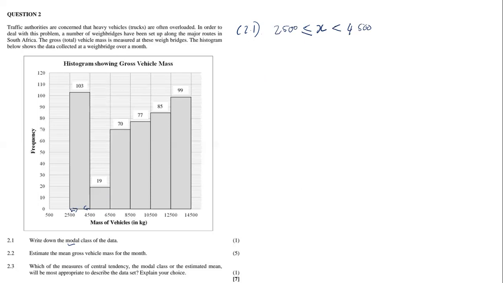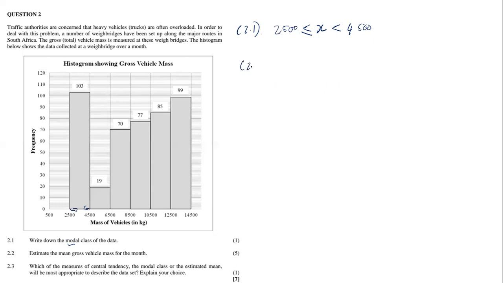Meaning these are the weigh bridges, 103 weigh bridges, that read within this interval. The mass that was between these numbers, but this number is included. This one is not included. That's why we do not include an equal sign over there.